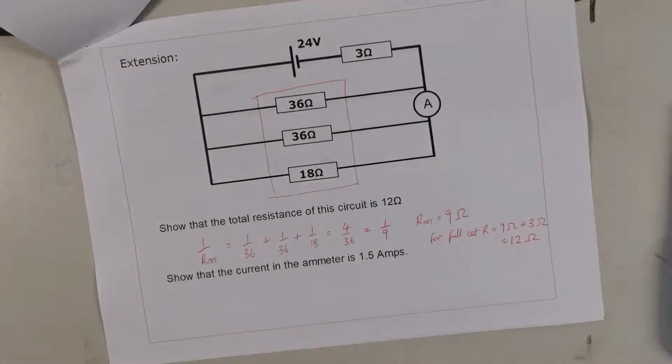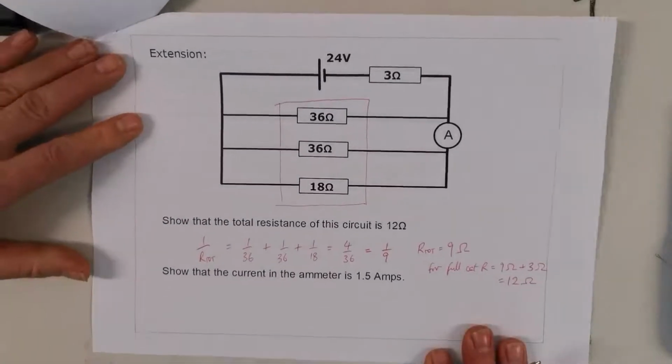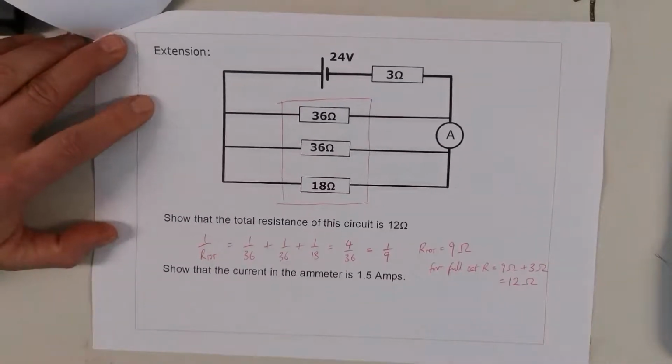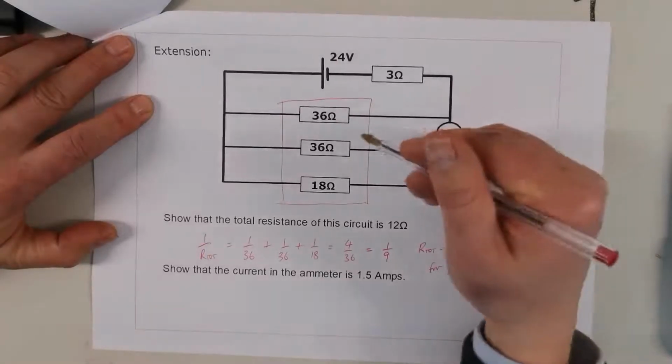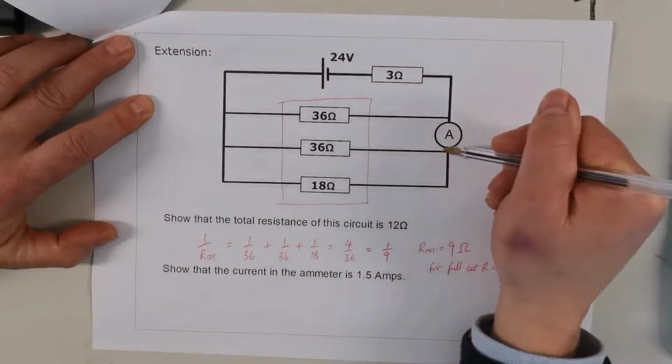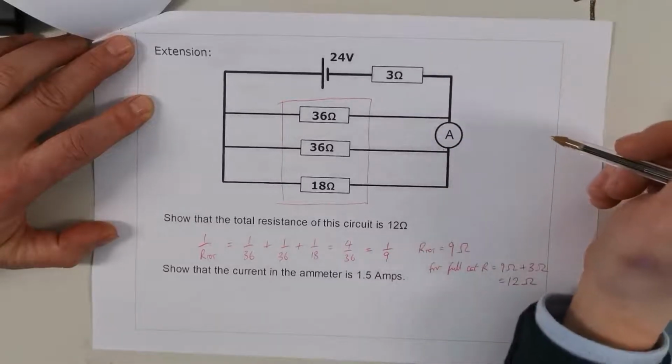So the current in the ammeter is 1.5 amps. Oh, that's quite a tricky one here, actually. So we're looking for the current that's feeding these two. So I'm going to do this.